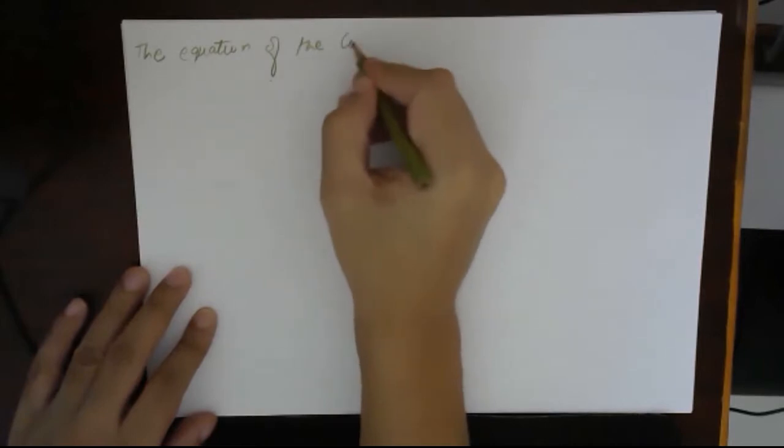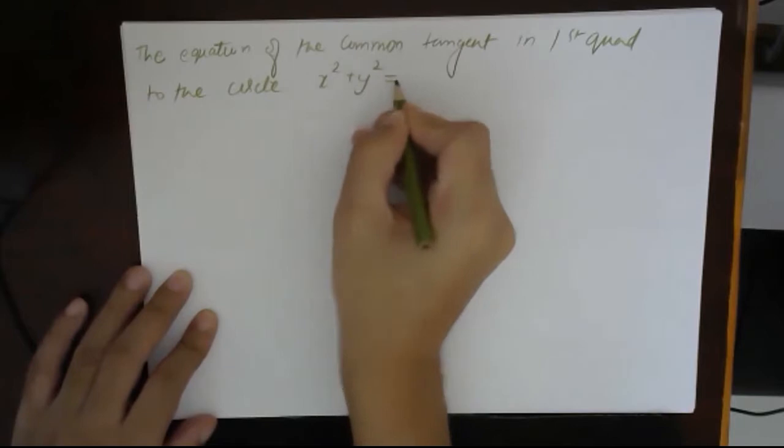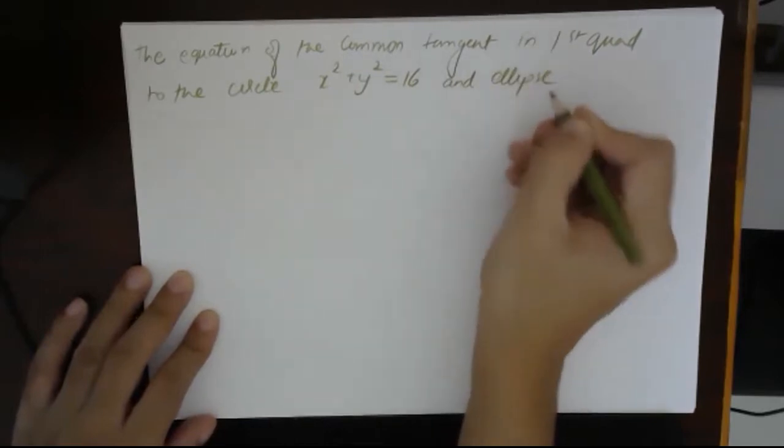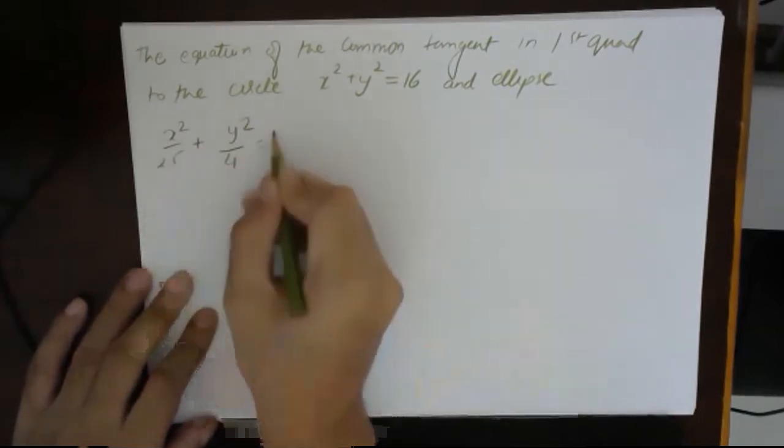The equation of the common tangent in the first quadrant to the circle x square plus y square is equal to 16, and the ellipse x square by 25 plus y square by 4 equals to 1.